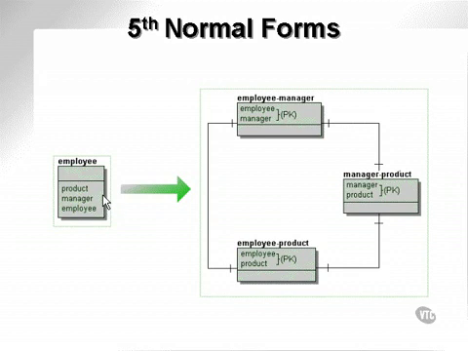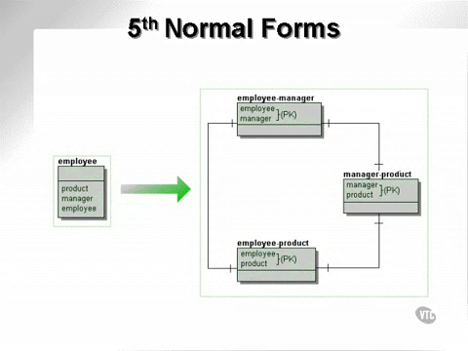It's a combination, basically. What we can do is create three separate entities which relate with each other in twos, for instance. So we've got employee manager, and we've got manager product, and employee product. That's fifth normal form.